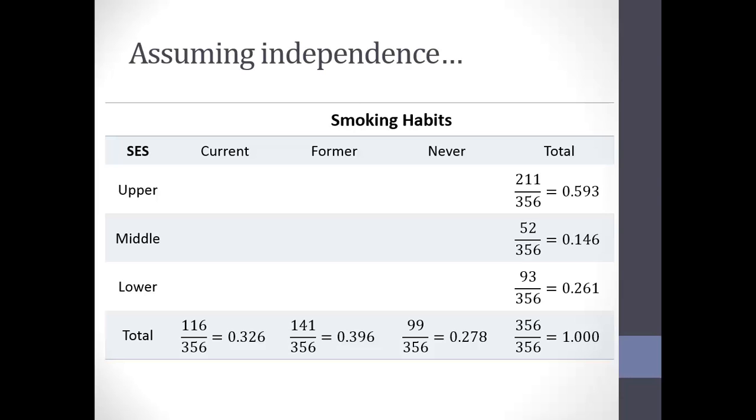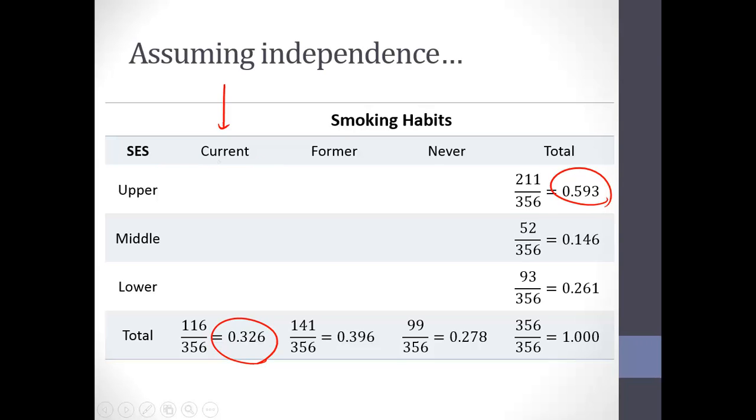So I'm just going to focus on this first column to show you where these numbers come from. If I want the probability of being an upper class person and a current smoker, independence tells me that I take the probability of being a current smoker and multiply that times the probability of being in the upper class.